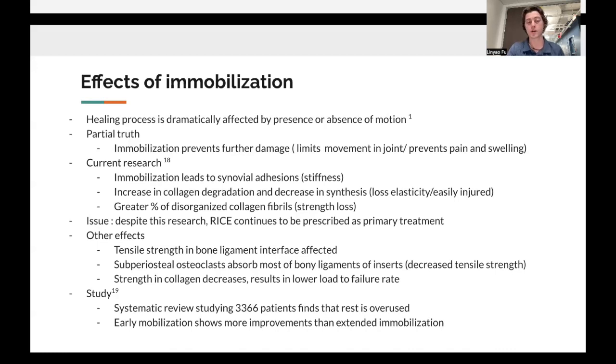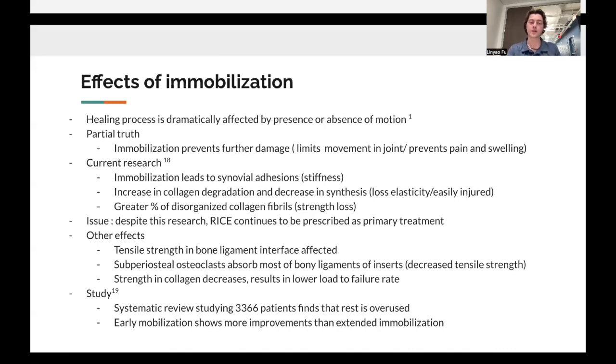It can even increase the collagen degradation and decrease synthesis of the ligament, which will lose your elasticity and actually make it easier to re-injure the tissue. Additionally, there's a greater number of disorganized collagen fibers, which technically loses your strength as well within the ligament. So despite this current research, RICE is typically still prescribed in many clinical settings.